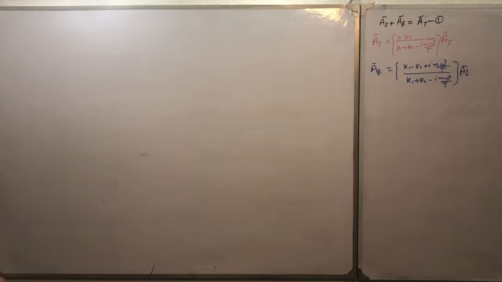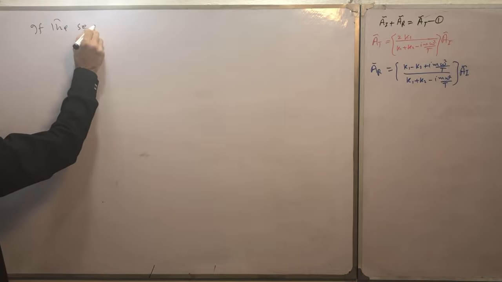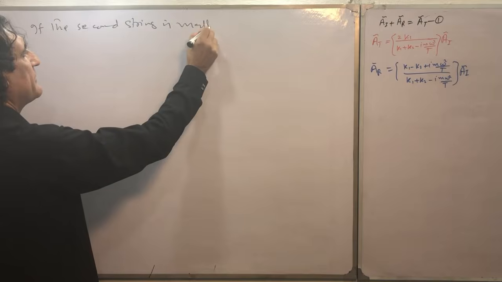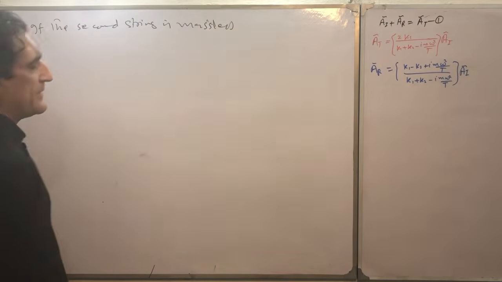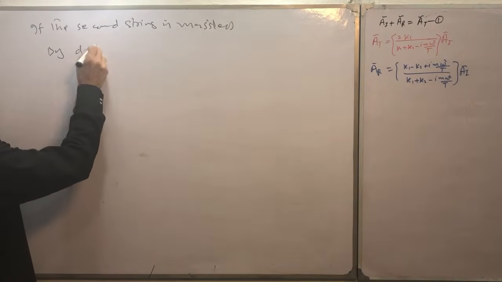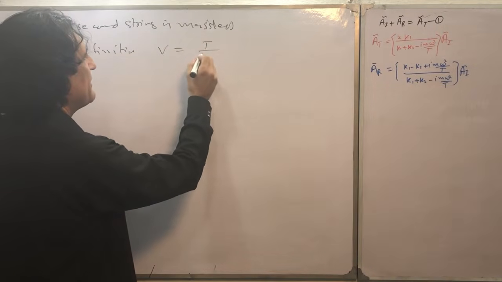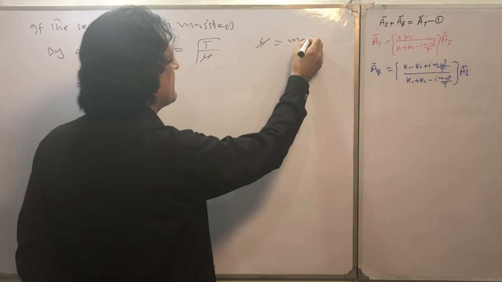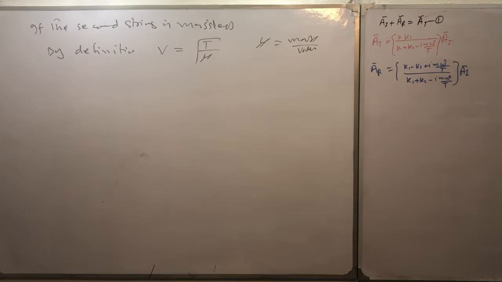If the second string is massless, this is the condition. Then what will happen? By definition, velocity is equal to the square root of T divided by mu, and mu is the mass per unit length.